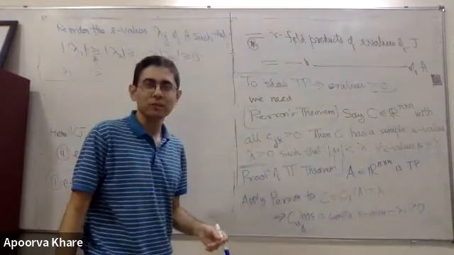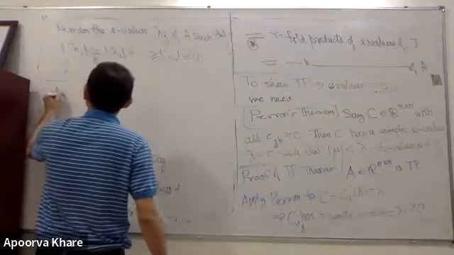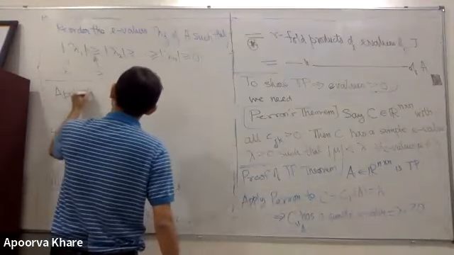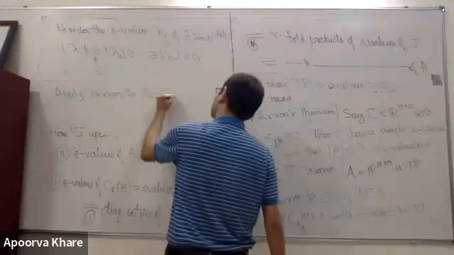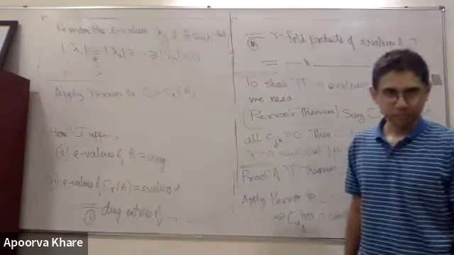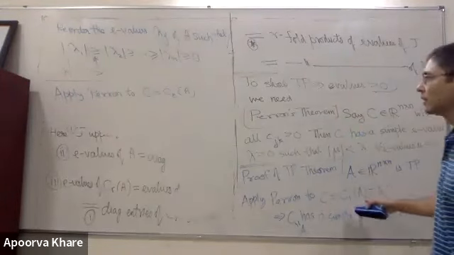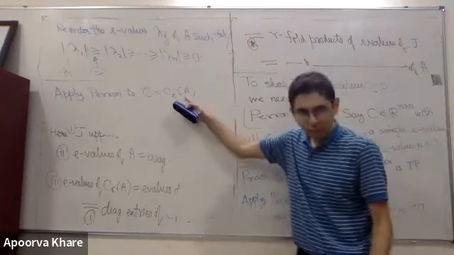Now we apply Perron's theorem to the second compound matrix of A. So what do I know again? Because A is totally positive, all 2 by 2 minors are positive.